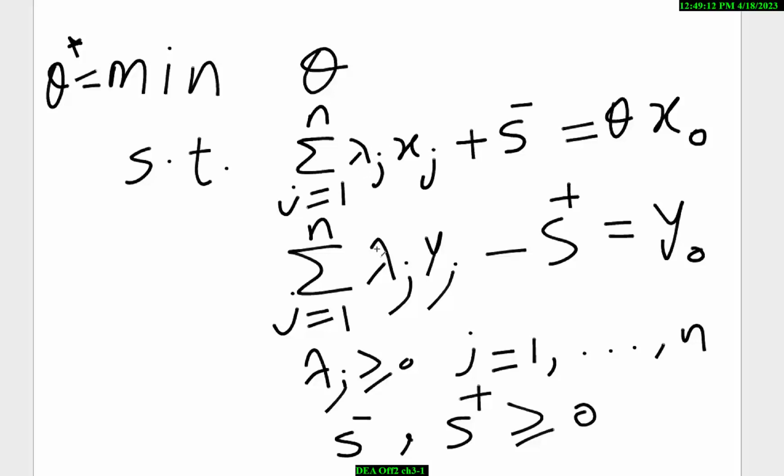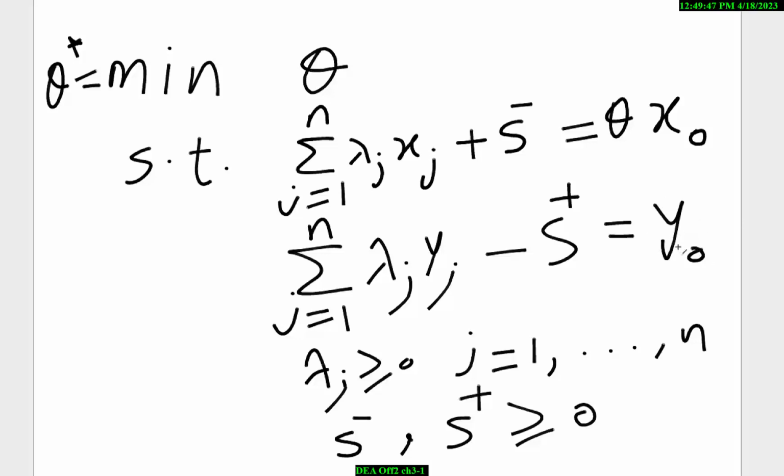And by putting the lambda here, and since S plus and y o are non-negative, we should have y o equal to 0, indeed less than or equal to 0. But we know that y o is semi-positive, meaning it is bigger than or equal to 0 and is not 0.